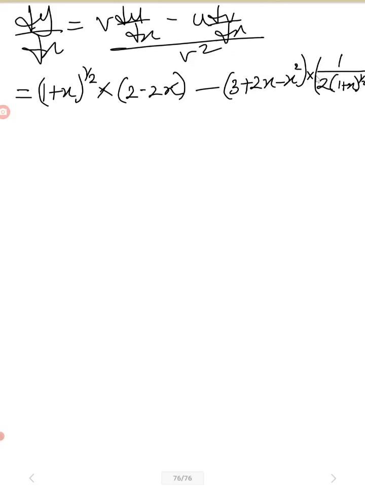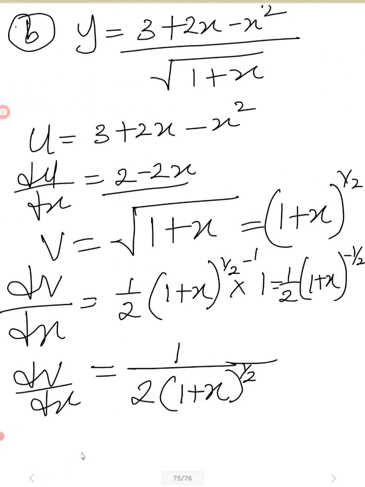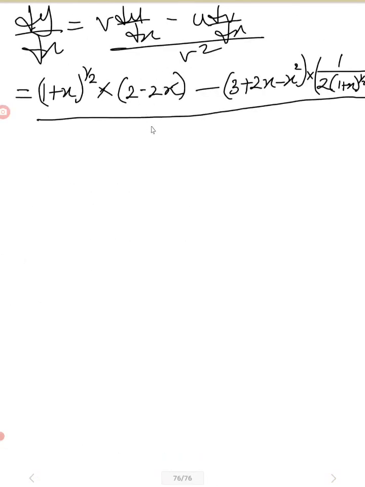That is all about that. So all over v, that is all divided by v, which is 1 plus x raised to power half, at the same time squared. That's just what we need.